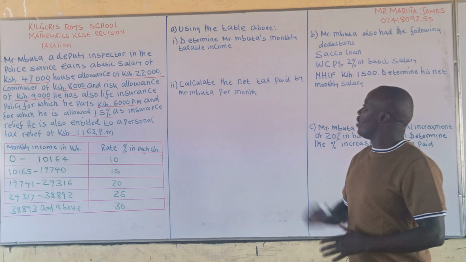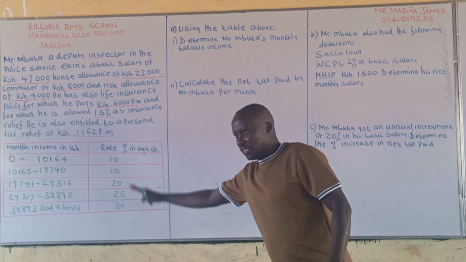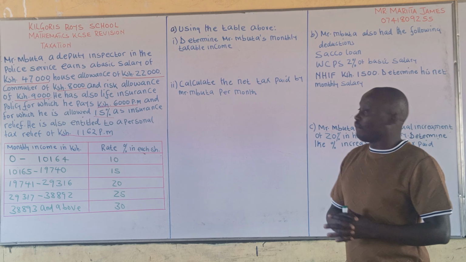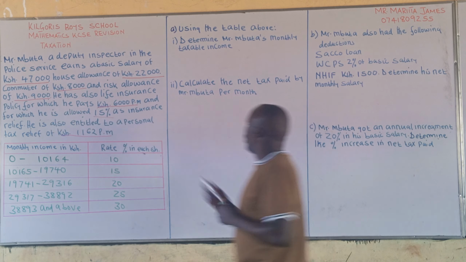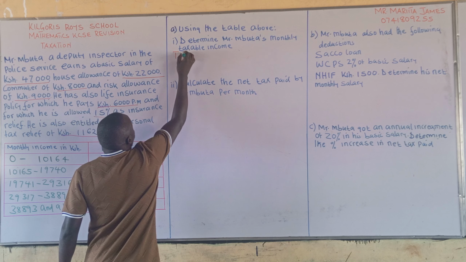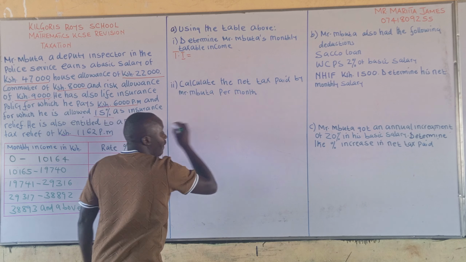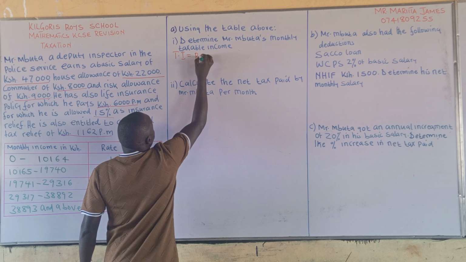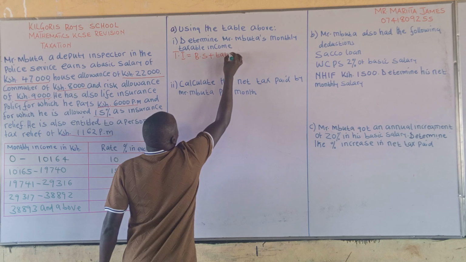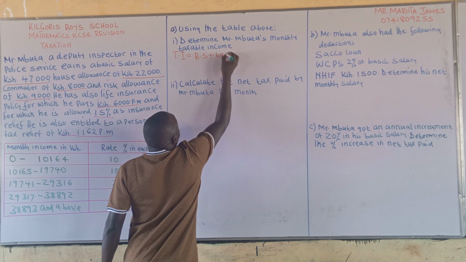Using the table you can see clearly on the screen, determine Mr. Mbuda's monthly taxable income. We know that the monthly taxable income is the basic salary plus taxable allowances.